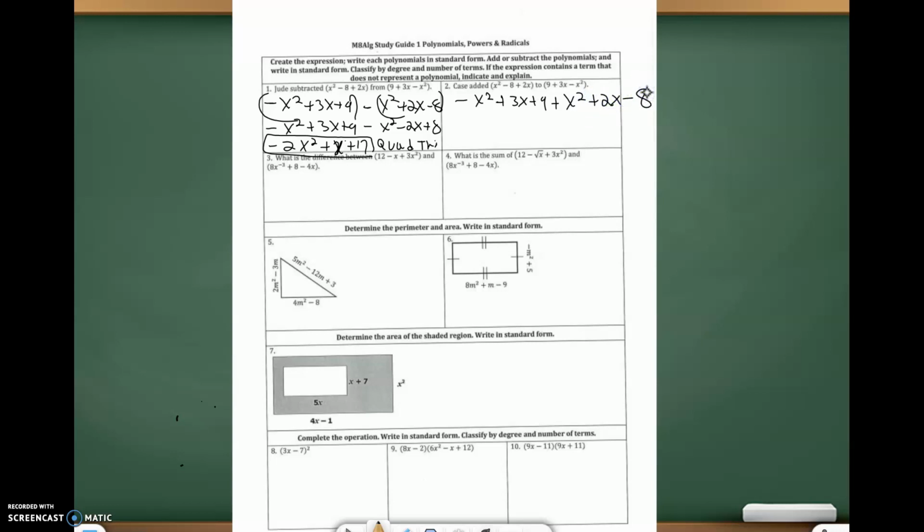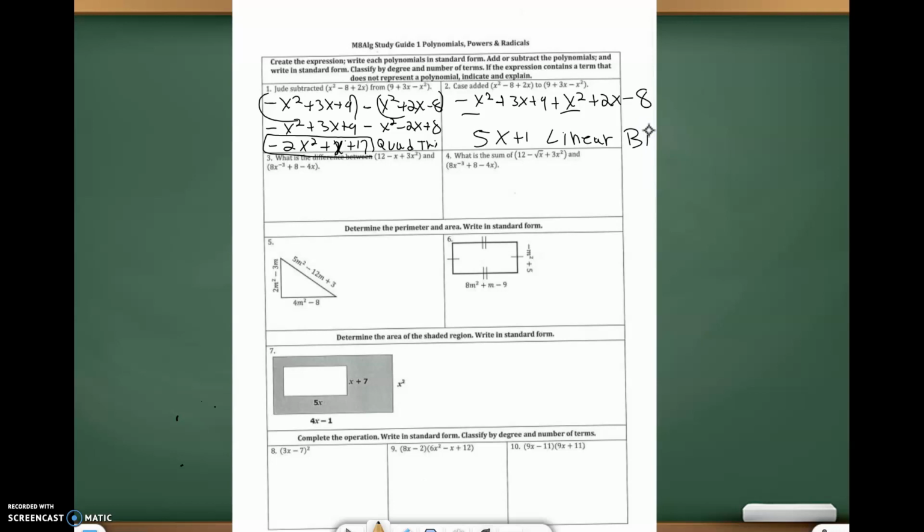Notice when you're adding, you don't have to worry about distributing anything. And I'm going to combine like terms, right? The x squares cancel out. Then you get 3x, and 2x is 5x plus 1. So we have a linear binomial. All right.